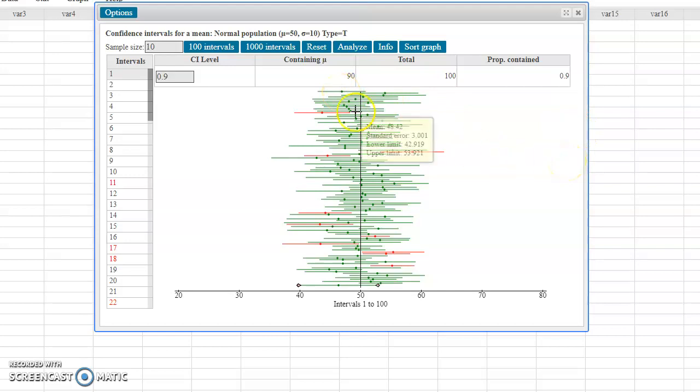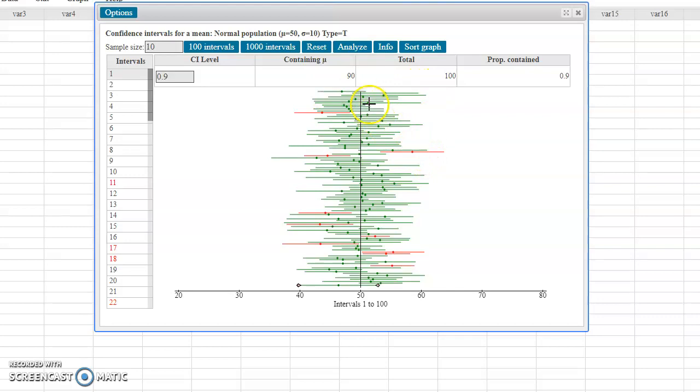Now, when we're doing this simulation, the true population mean is known to equal 50. For our first confidence interval, the lower limit is below the mean and the upper limit is above the mean. So the first simulated confidence interval contains the true value of the mean, which is 50.